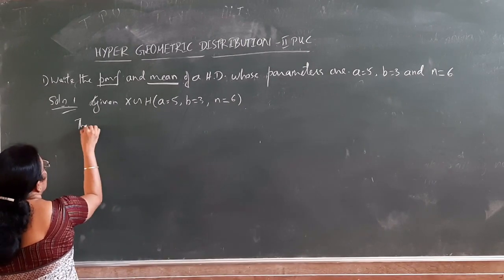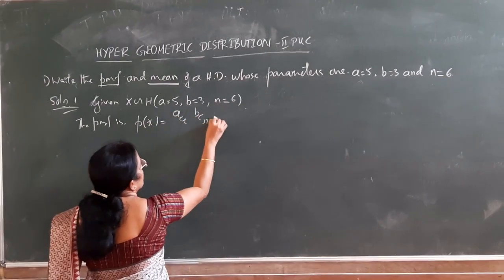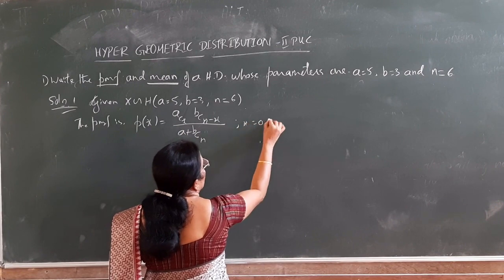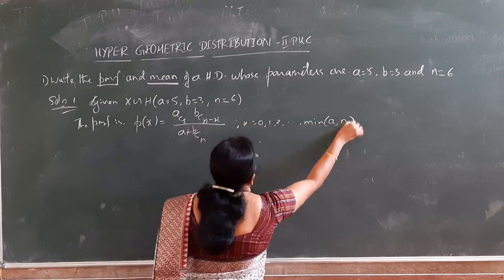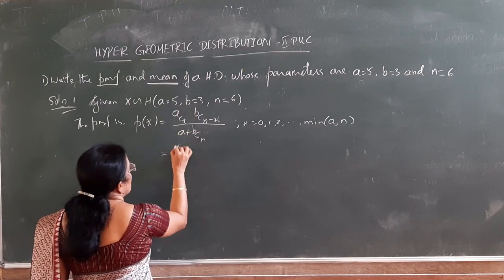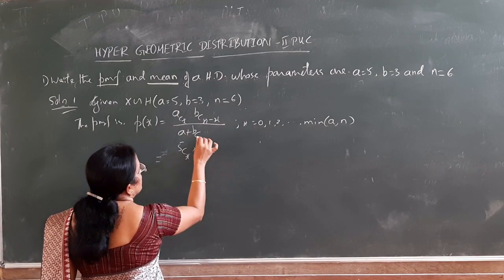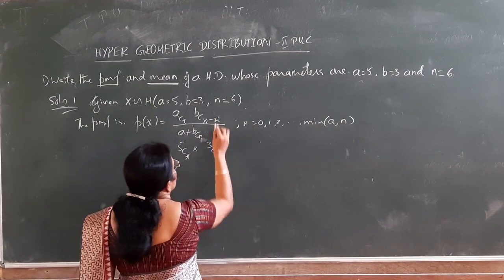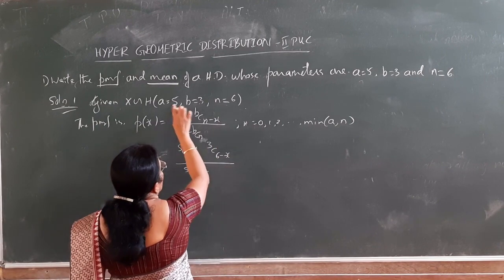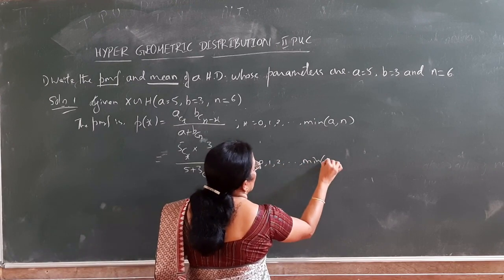Next, the probability mass function is P of x equal to ACX BC(N minus x) divided by (A plus B)CN, x equal to 0, 1, 2 up to minimum of A comma N. Substituting: 5CX into 3C(6 minus x) divided by (5 plus 3)C6.